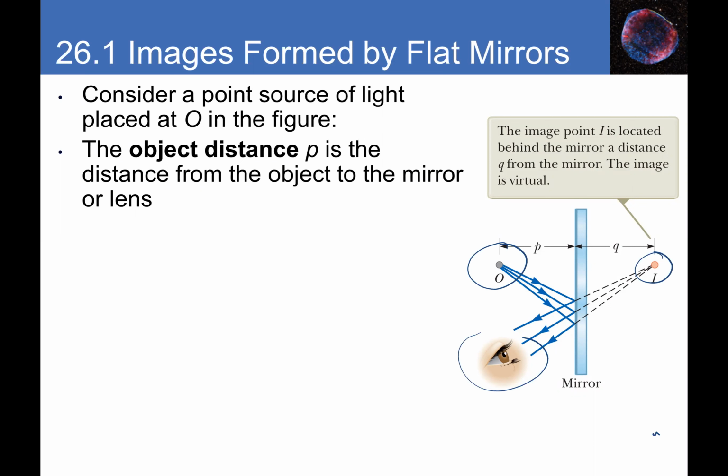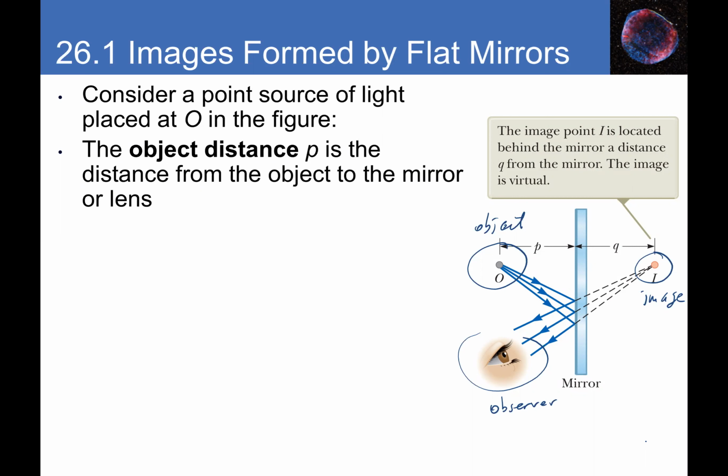So we have the object here, we have the image here, and we have the observer. When we find the image, we're finding the image for an observer who would see that image.